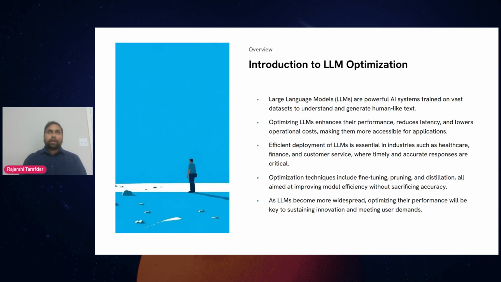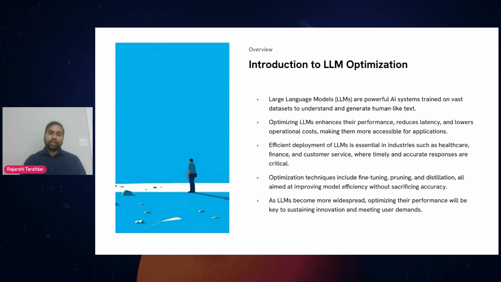So the LLMs need to be optimized in terms of the performance, latency, and cost, so that the applications can be integrated easily with the LLMs. And we can take examples of multiple sectors where the LLMs can be used, such as healthcare, finance, customer service. So it's a multi-industry domain it can be applied to.